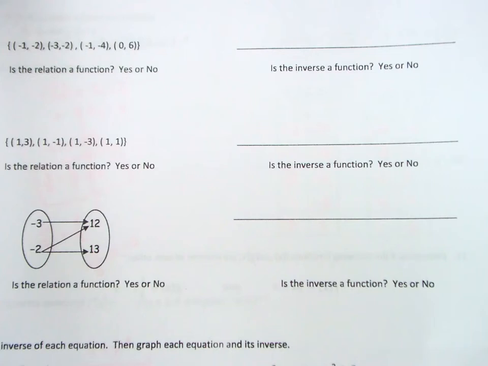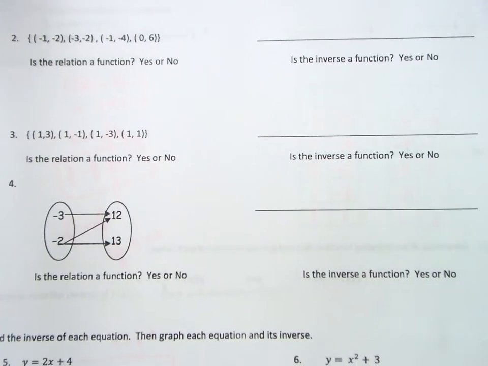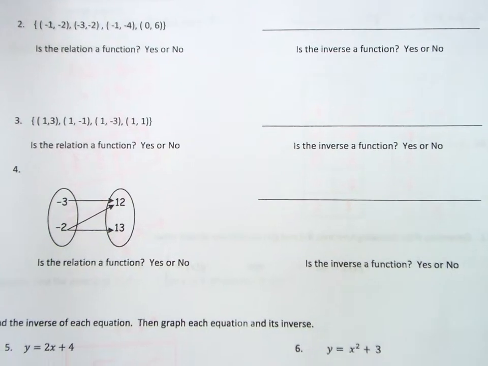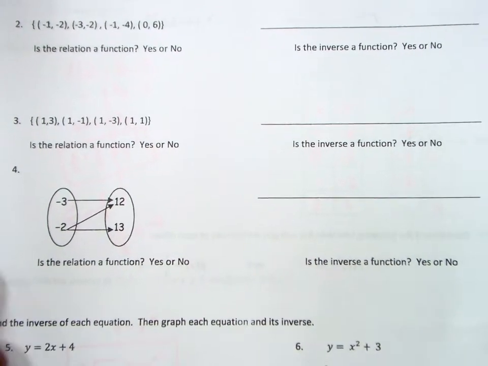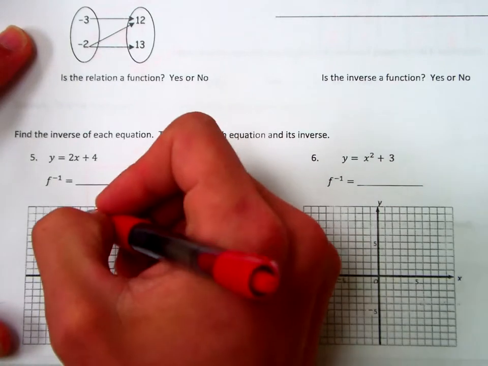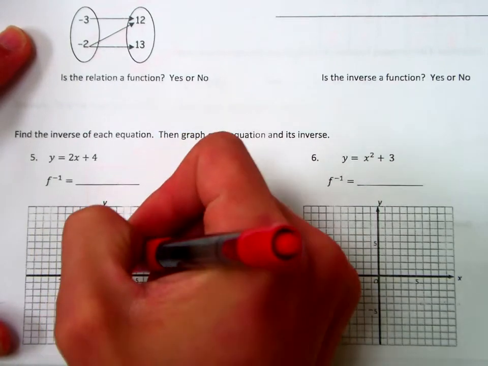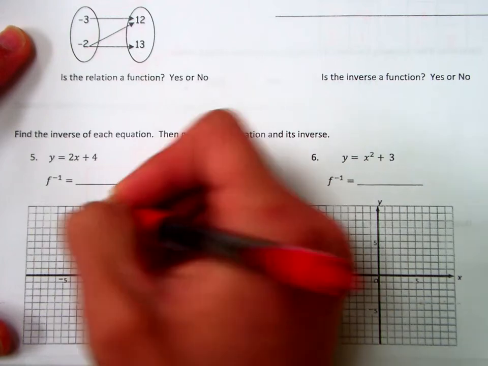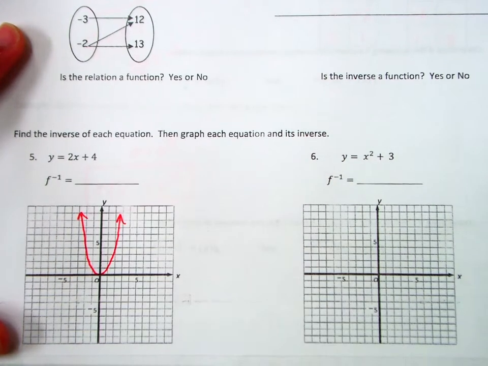Let's see, what else is going to be important on this? This is a really important concept. What actually qualifies a graph, something that you've graphed, some line that you've graphed, as a function? Okay, so let me give you some examples right here. If I draw a parabola, there's something called the vertical line test.